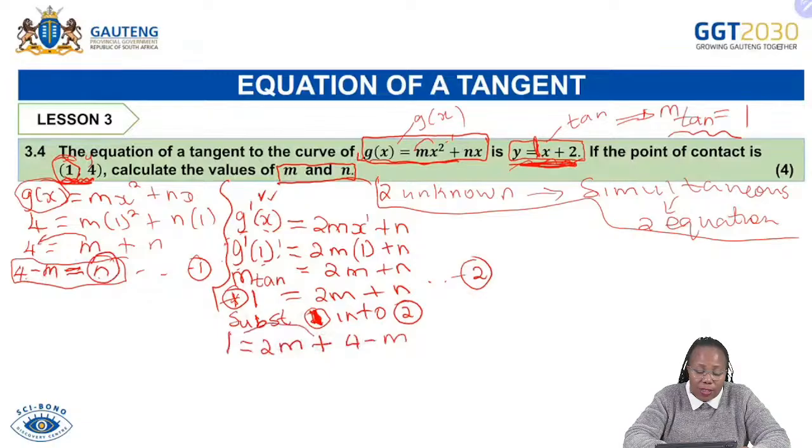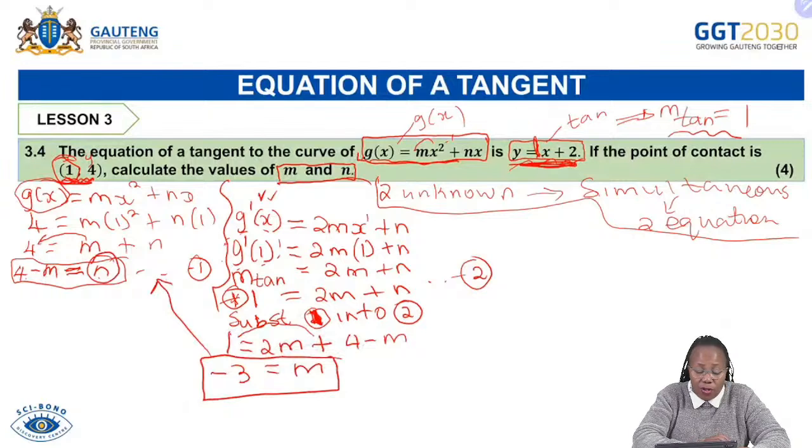So 4 to the other side is negative 4 plus 1, negative 3. 2m minus m will be m. So the m value will be equal to minus 3. To get the n value, we are going to substitute m there. It will be 4 minus negative 3, which is plus 3. Then n will be equal to 7.